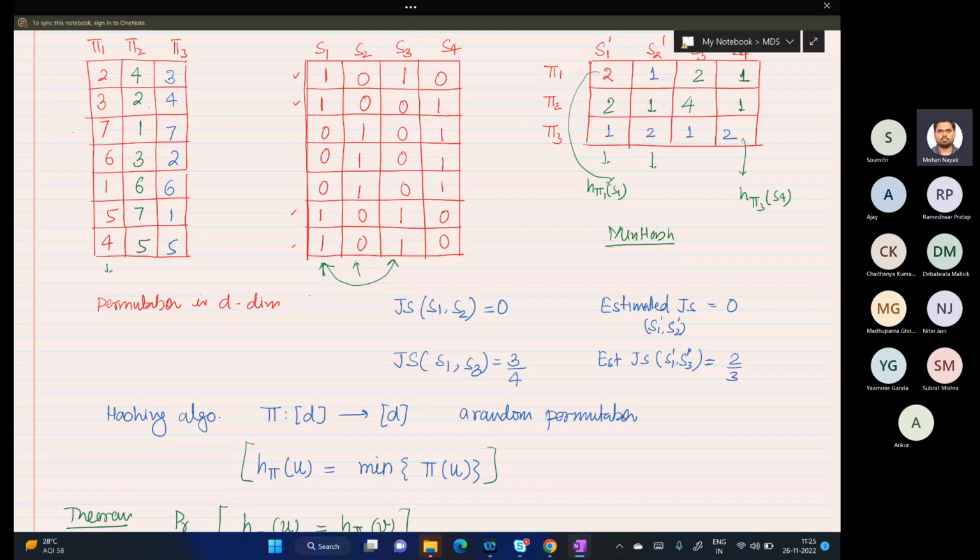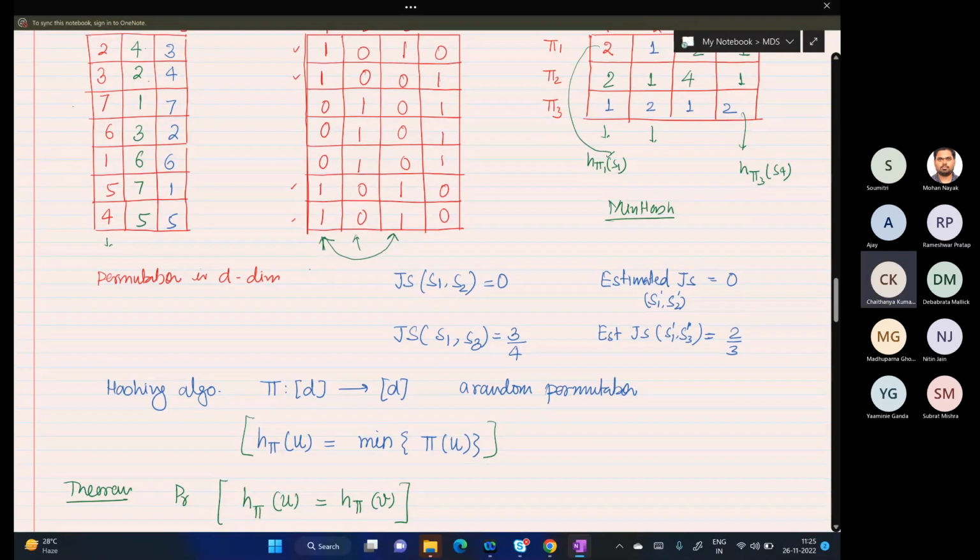It can be at most 3 by 4. Essentially, in those 3 locations, if we put the minimum there, we have 7 positions in total, so what is the probability that we put a minimum in those 3 locations?